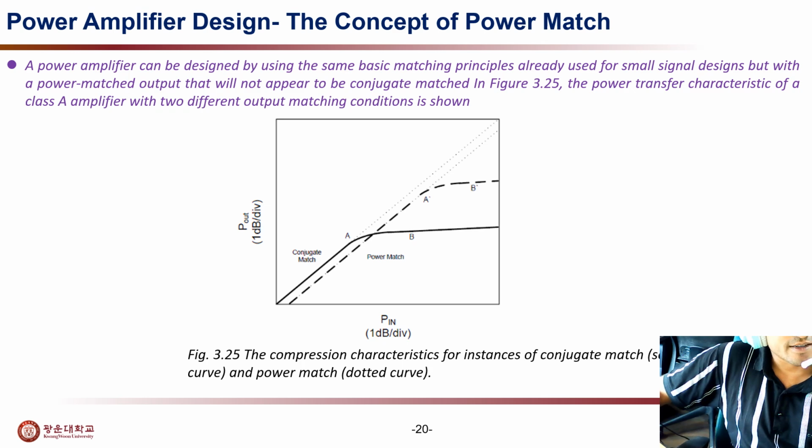In this figure we can see two lines. One line is dotted. This is one for power matching, and the other is conjugate match. These show the compression characteristics for the conjugate match and the power match. The power match is the dotted curve and the conjugate match is the solid line.